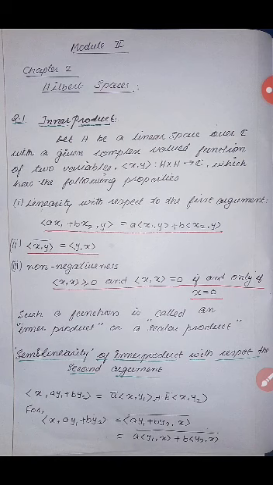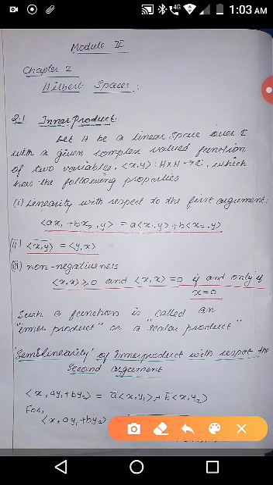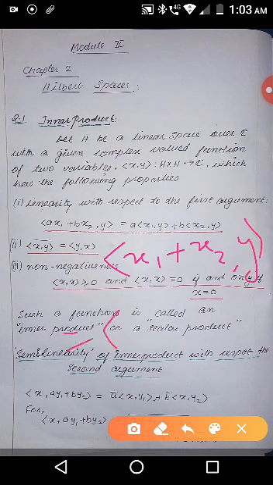satisfying three properties. First one is linearity with respect to the first argument, which means inner product of a x1 plus b x2 comma y is equal to a into inner product of x1 comma y plus b into inner product of x2 comma y, which simply means inner product of x1 plus x2 comma y can be written as inner product of x1 comma y plus inner product of x2 comma y.